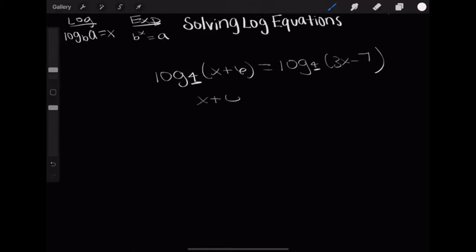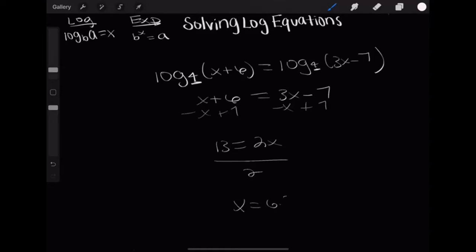So this will be x plus 6 is equal to 3x minus 7. Now we just solve for x, so I'll add this 7 over and subtract this x over, and we'll have 13 is equal to 2x. Divide by 2, x is equal to 6.5 or 13 over 2.